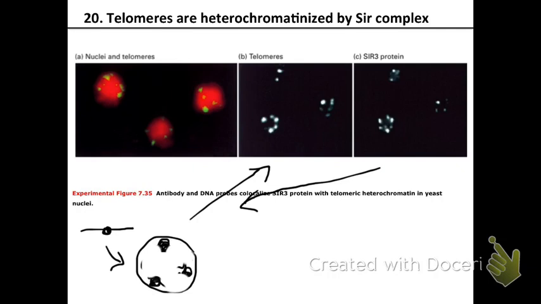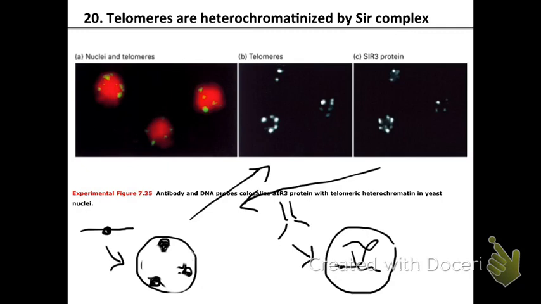So we're going to find out where SIRT3 protein is. So what you do is you make an antibody that is going to specifically recognize and bind to the SIRT3 protein and SIRT3 protein only. Then you're going to take your cells and incubate this antibody with the cells that have all this DNA, and lots of different proteins, right?